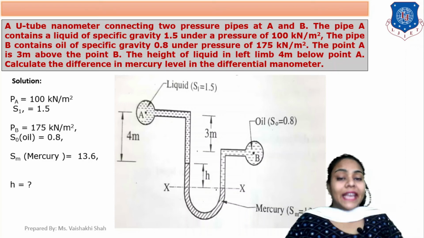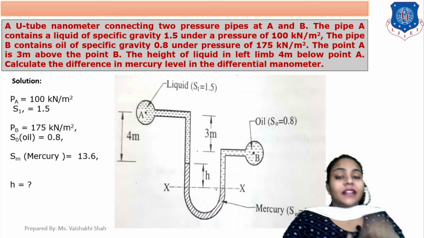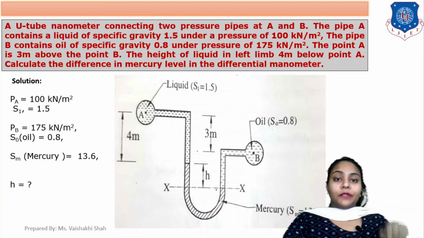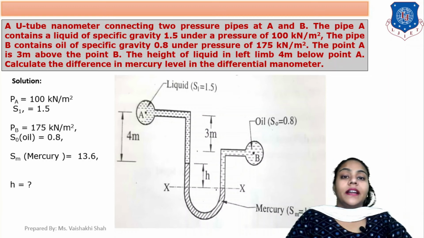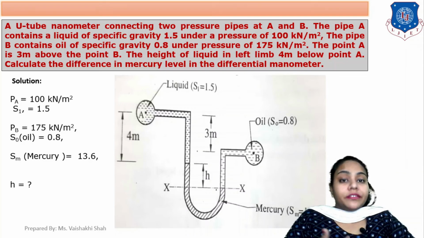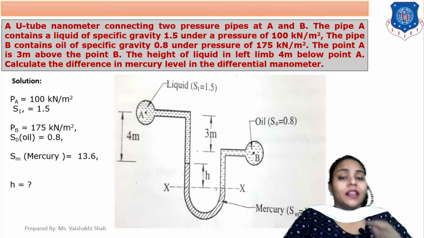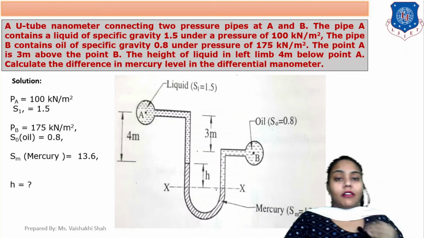If pressure in pipe A is higher, then liquid rises in pipe B. By this you can decide whether both pipes are at the same level or not, and up to which height mercury rises in which column, left side or right side.